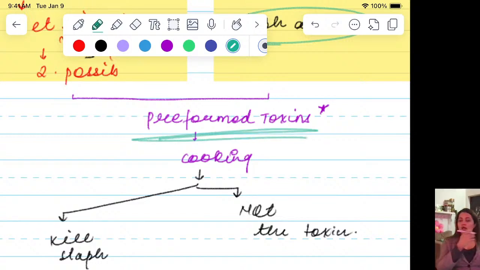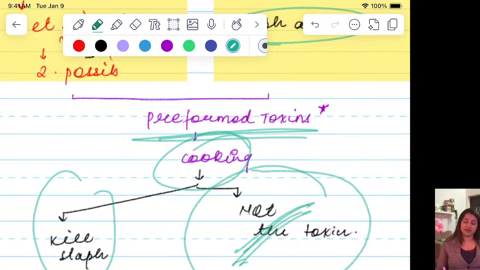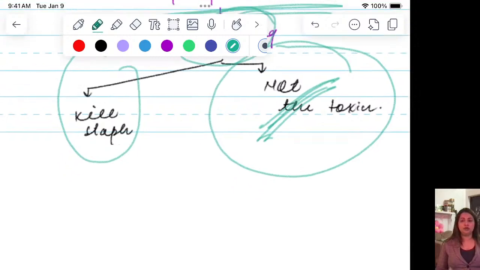Even if the person is consuming cooked food, cooking is going to kill the Staph aureus, but it is not going to kill the toxin. Staph aureus ko maar degi cooking, but the toxins are going to survive. Okay, so this is the reason why cooked food could lead to it. Despite cooking, the patient could still develop the illness.